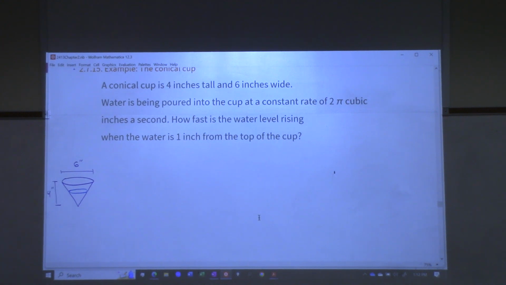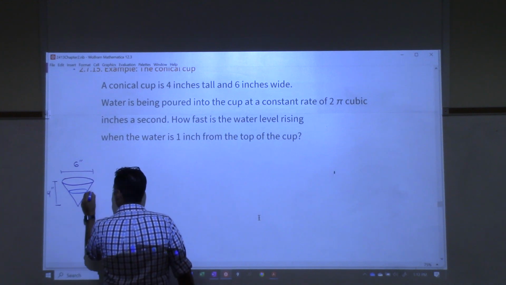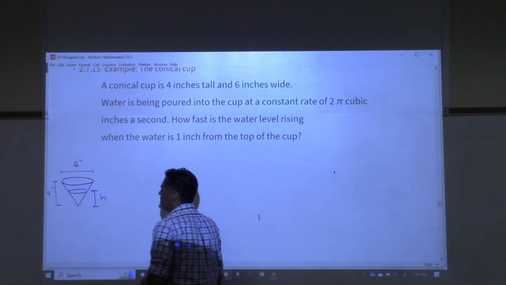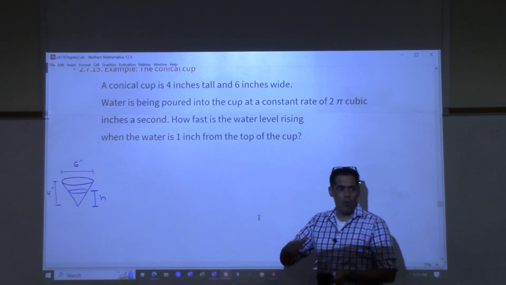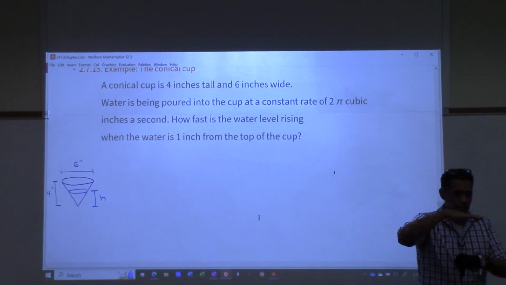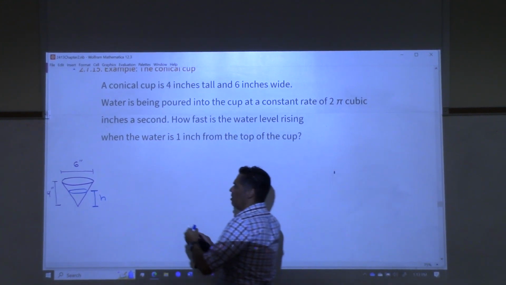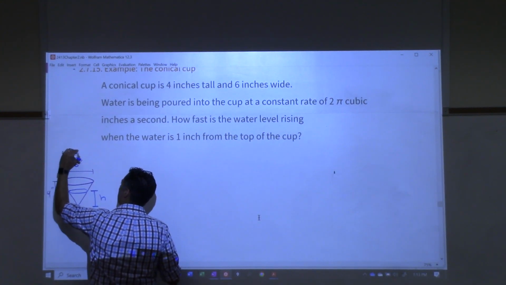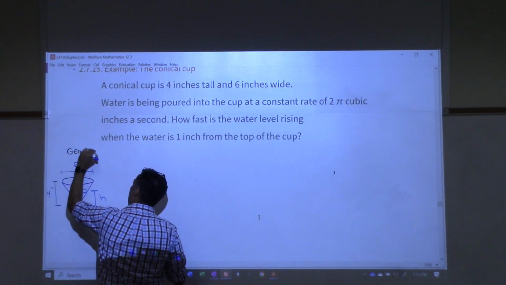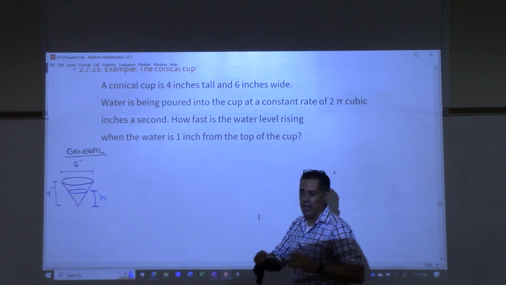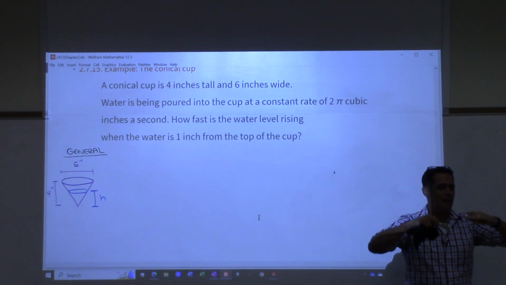So I'm going to label the water level, from here to here, as H, because I really want to know how fast that H is changing. So I should label it in my picture. This is going to be my general picture, meaning that things are changing. Things are actually moving here. The water level, I'm imagining, is coming up in that picture.